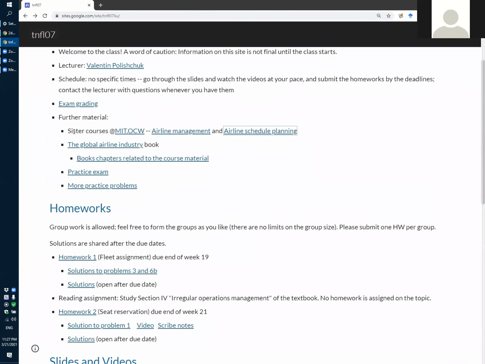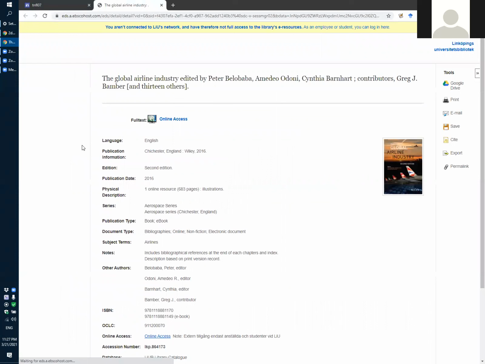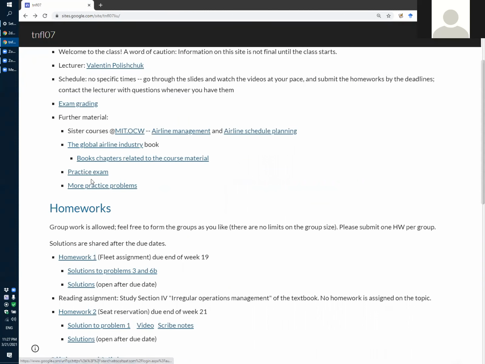This class has a textbook which we don't have to use. I will show the book in the slides. Our library at Linköping University has another book which has quite a lot of good material. It's called The Global Airline Industry. Again, you don't have to read all the book.